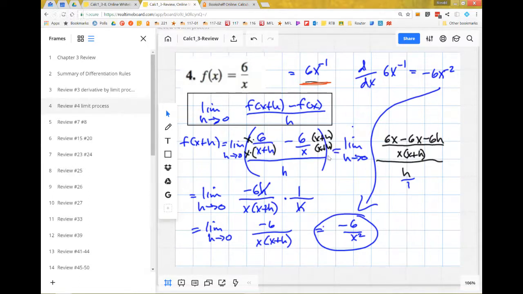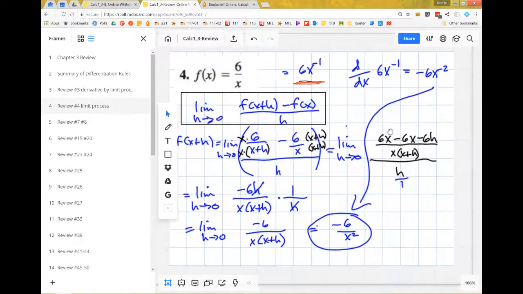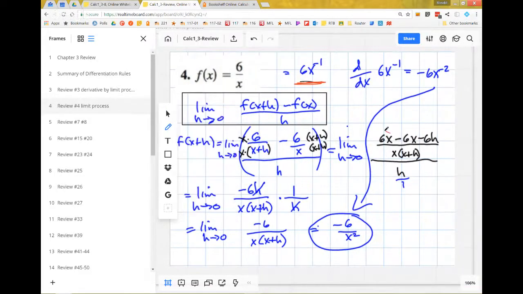So I mean, x times 6 is 6x. That's this one right here. That's that one. And then we have minus 6 times the quantity x plus h. So it's negative 6x minus 6h. So that's the rest of that.